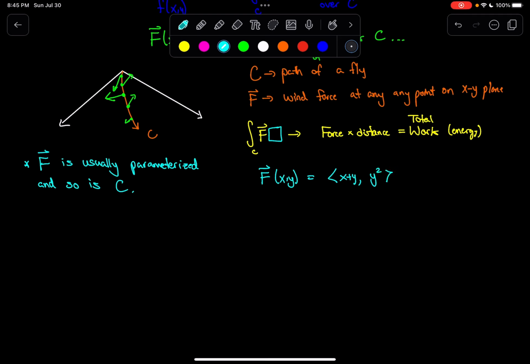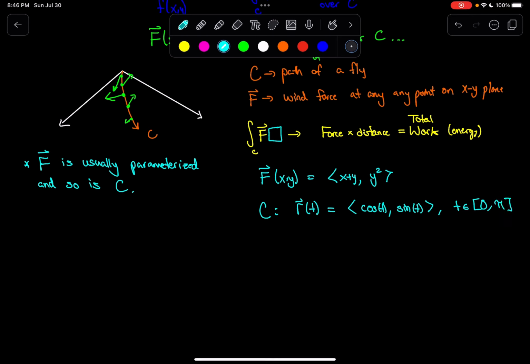But if our path is the top half of a circle, we might use the parameterization given by this vector function r to say that we're talking about the top half of the unit circle, given by x equal to cosine of t and y equal to sine of t, where t goes from 0 to pi.